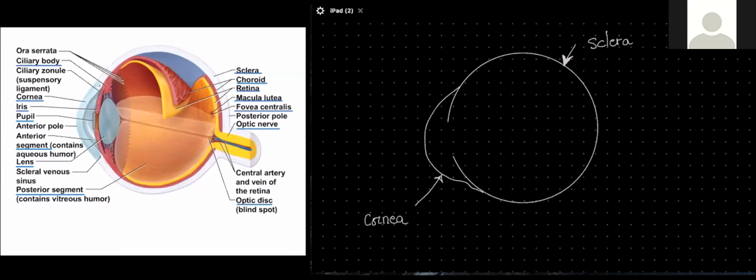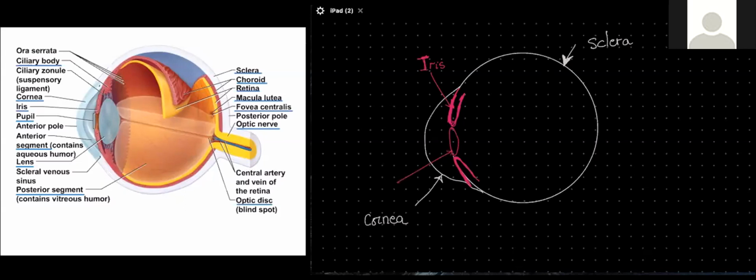Deeper to the fibrous layer formed by the sclera and the cornea, we've got the vascular layer. This is the layer that contains the blood vessels that will give nutrition to the sclera and the cornea, as well as to the internal layer, as you're going to see in a second. The vascular layer has an anterior part. This is called the iris. And the iris, as you see on here, has a hole through which the light ray is going to be traveling.